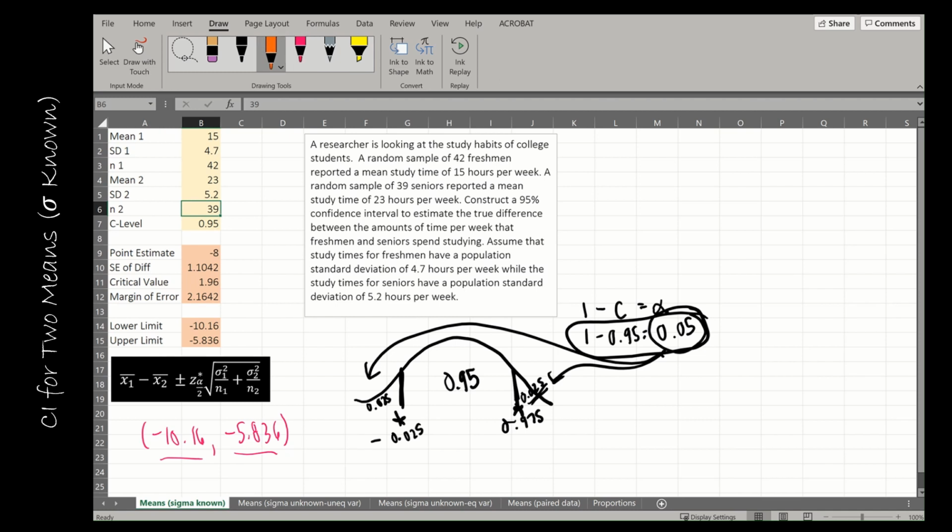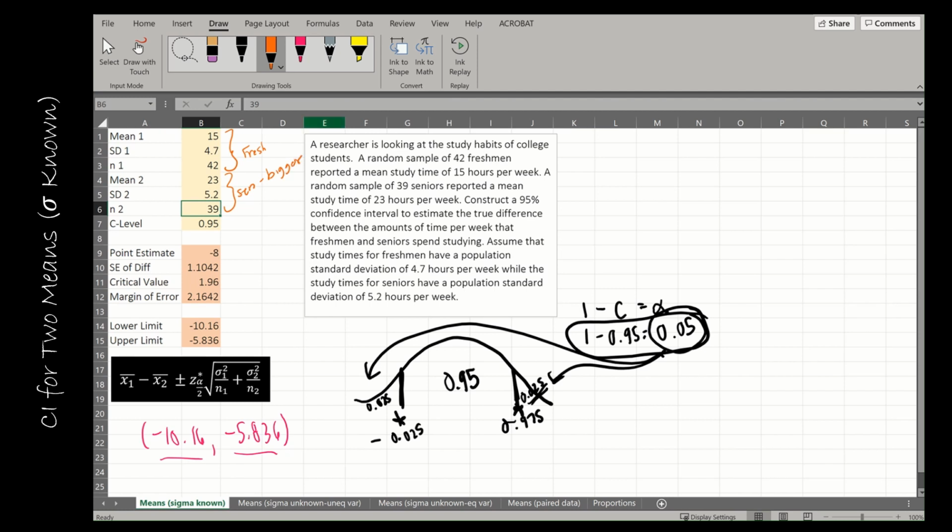It all goes back to how you started the question. When I started the question, this was freshmen. This was seniors. So if I took freshmen minus seniors and I got a negative value, that means this guy was bigger.